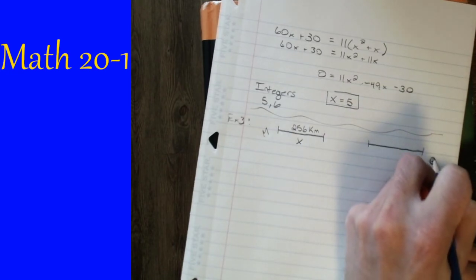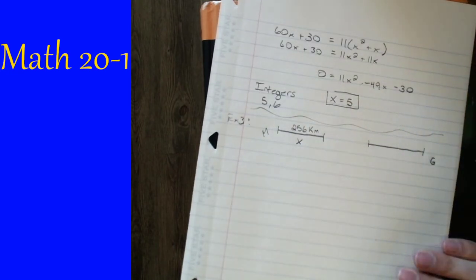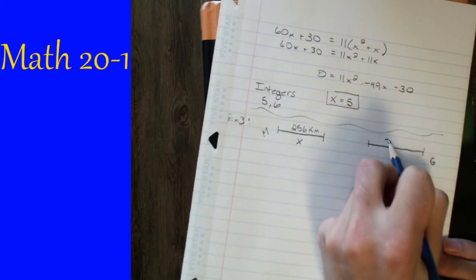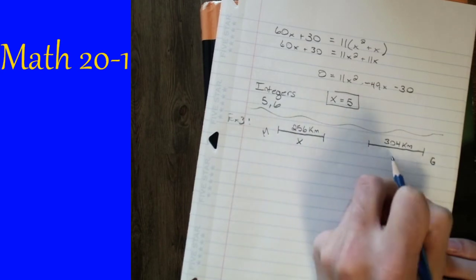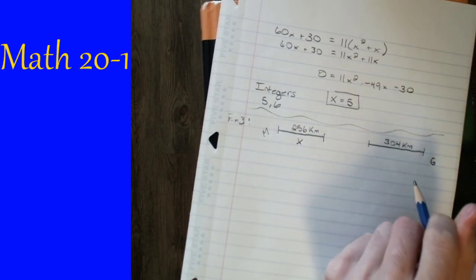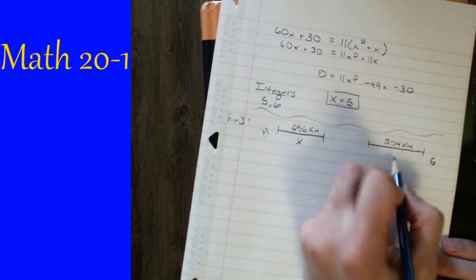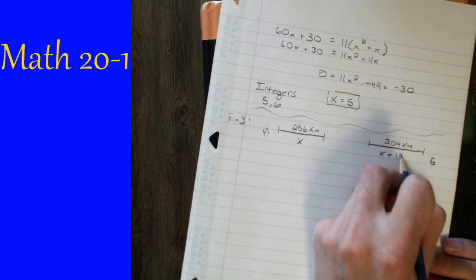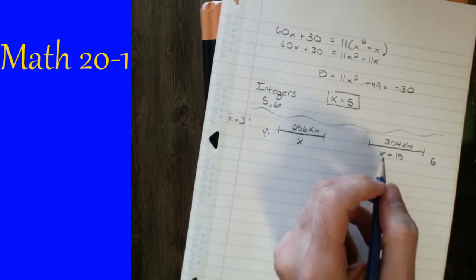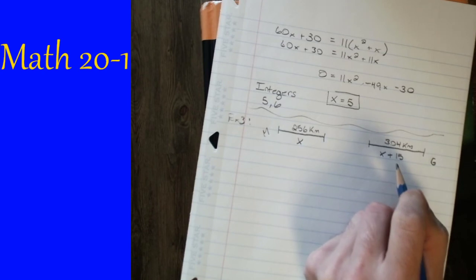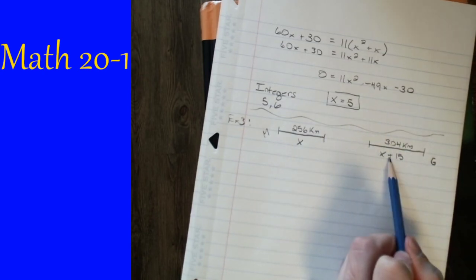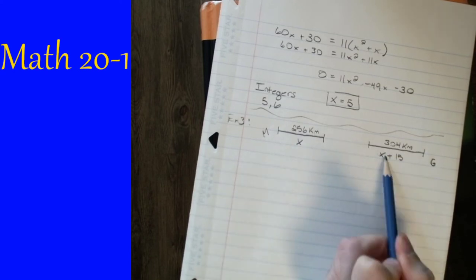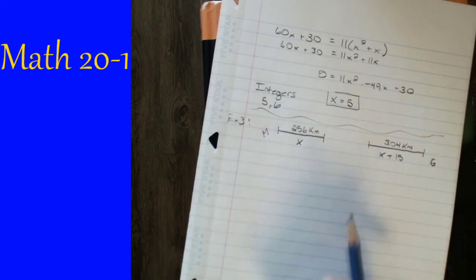Jillian is represented through 304 kilometers and drives 15 kilometers an hour faster. So that's x plus 15. Now finally, we want to know this total speed. So we're going to figure out x, and then we're going to have to add 15 to it for our answer. And we want to know the time taken for the journey.